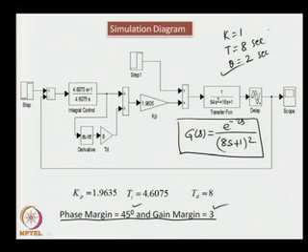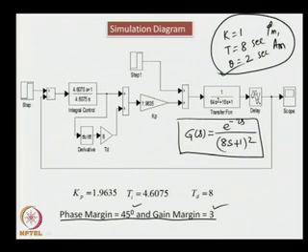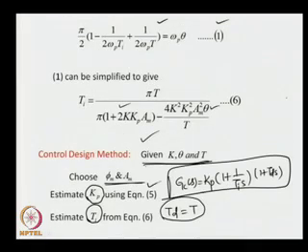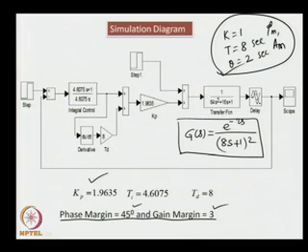So, using phase margin and gain margin values and k, t, theta, Kp and Ti are estimated. Kp is found to be 1.9635 using equation 5. So, using equation 5, Kp can easily be obtained.